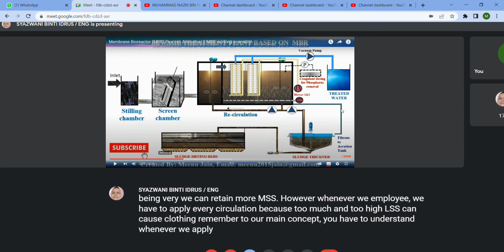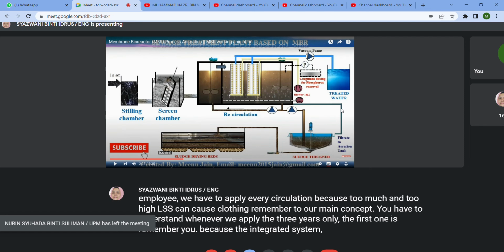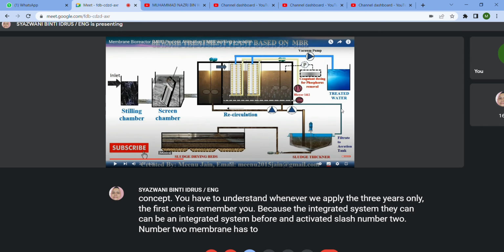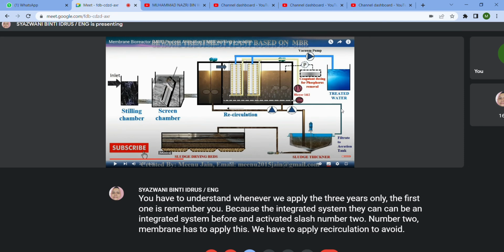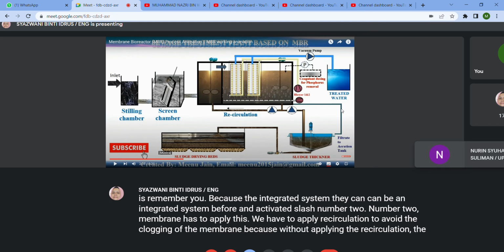The first one is that membrane bioreactors are normally used for the treatment of wastewater, because they can be an integrated system for an activated sludge. Number two, we have to apply recirculation to avoid the clogging of the membrane, because without recirculation the MLSS will be too high.